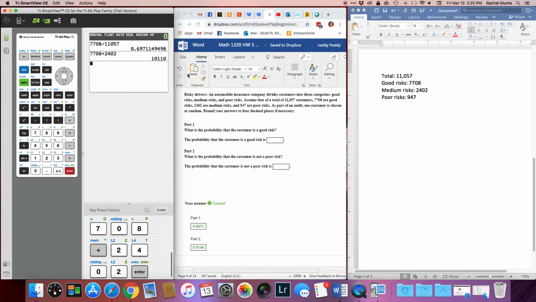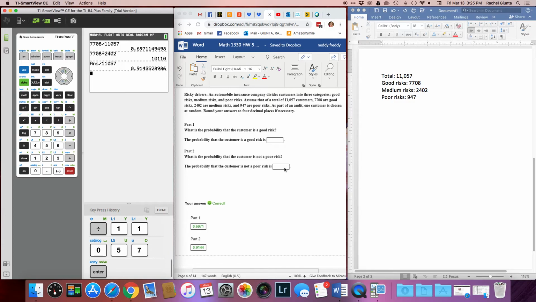Add those together first before you divide by the total because of PEMDAS rules, otherwise it will not give you the right answer. Now we're dividing, divided by 11057, which gives you 0.9144 after rounding, and that is the correct answer.